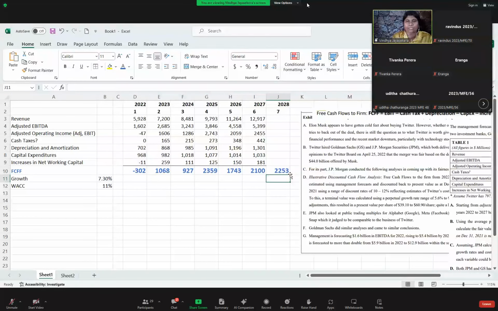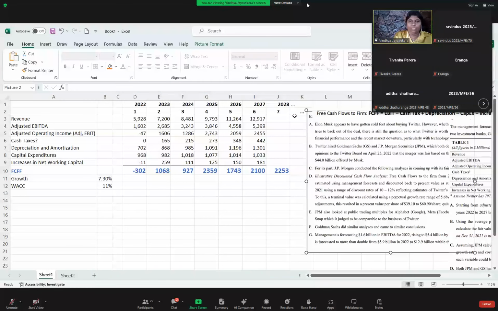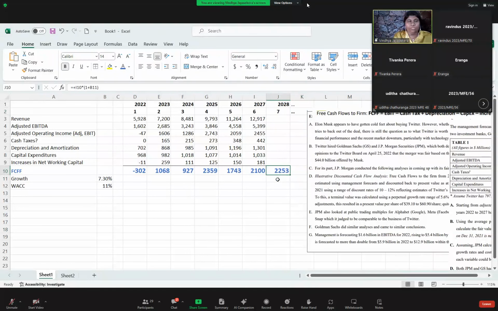So, like this, that's correct. From 2028 onwards, my cash flows will keep on growing indefinitely. So for this 2,273, this is my free cash flows in the future, growing at 7.3% forever.